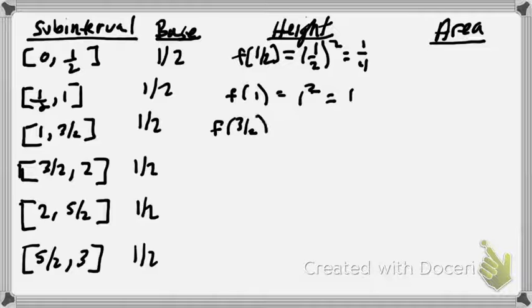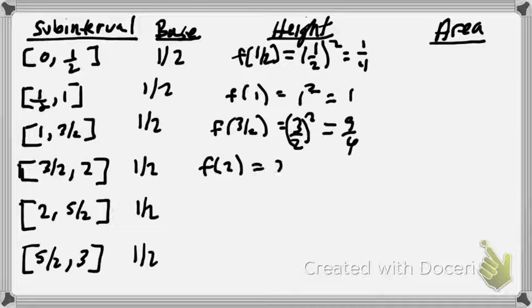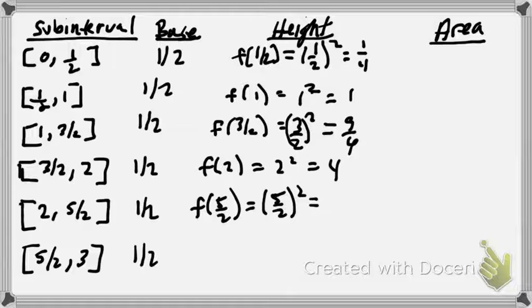F of 3/2, so that's going to be 3/2 squared, and that's going to give us 9/4. F of 2 is 2 squared, and that's 4. F of 5/2, that's 5/2 squared, that's going to give us 25/4. And then f of 3 is 3 squared, and that's going to be 9.